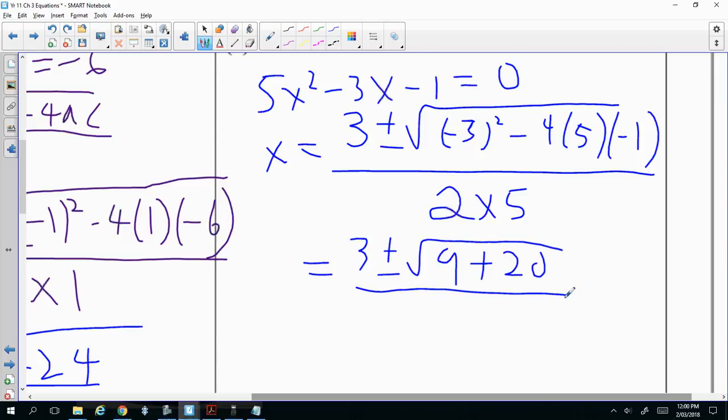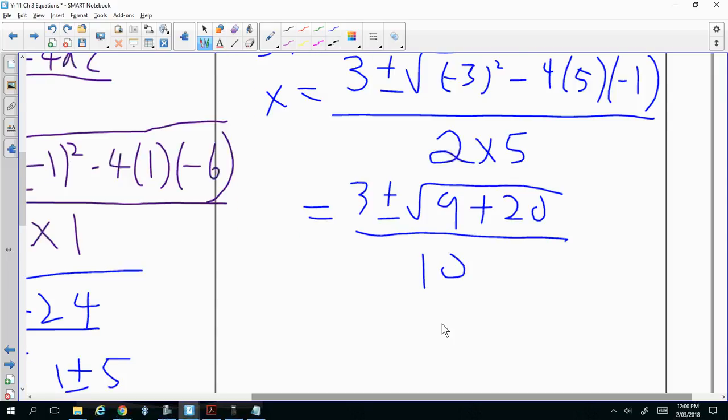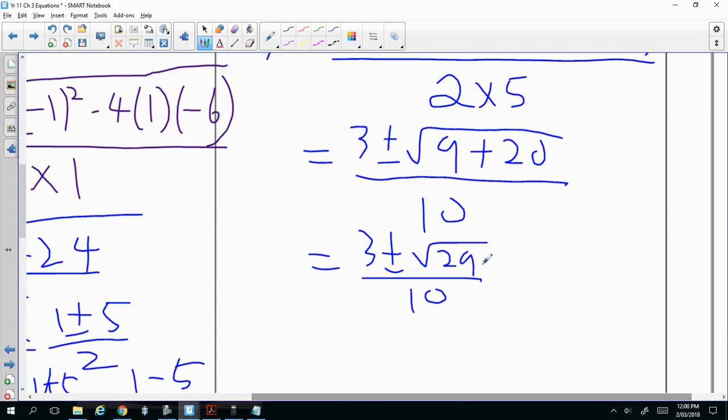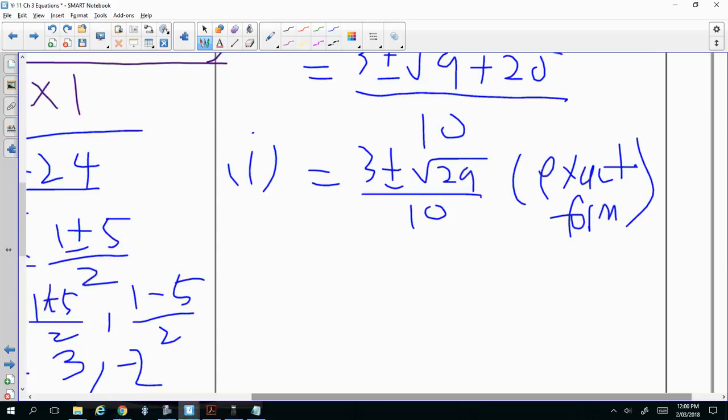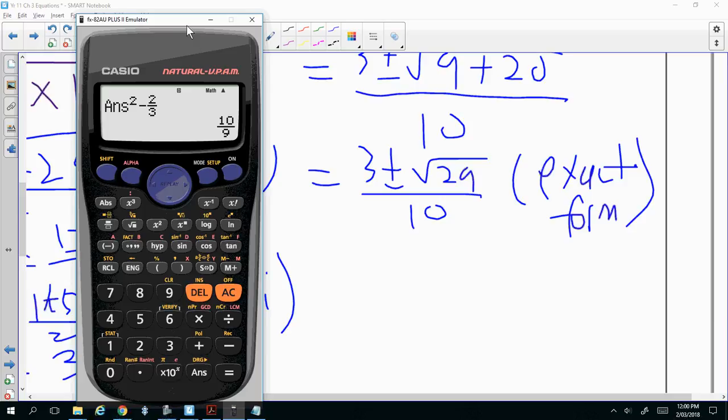So it's in exact form. And so this is called the exact form. And if they wanted you to find your answer correct to 2 decimal places, then you have to use your calculator to do that. So you type this in, fraction first, 3 plus root 29 over 10.